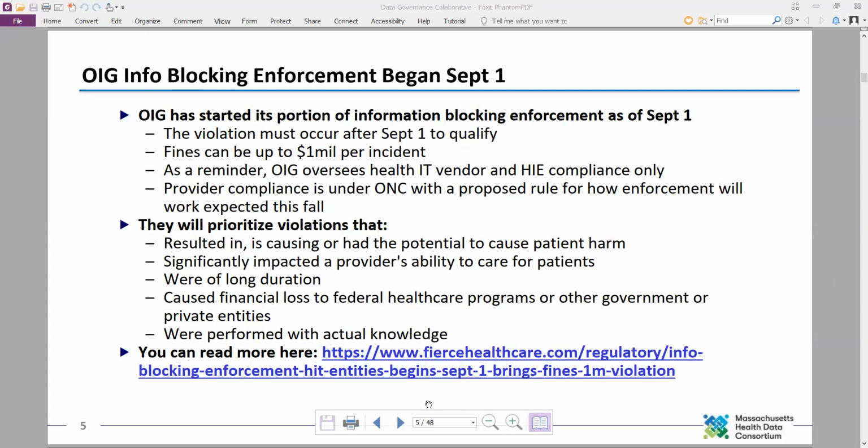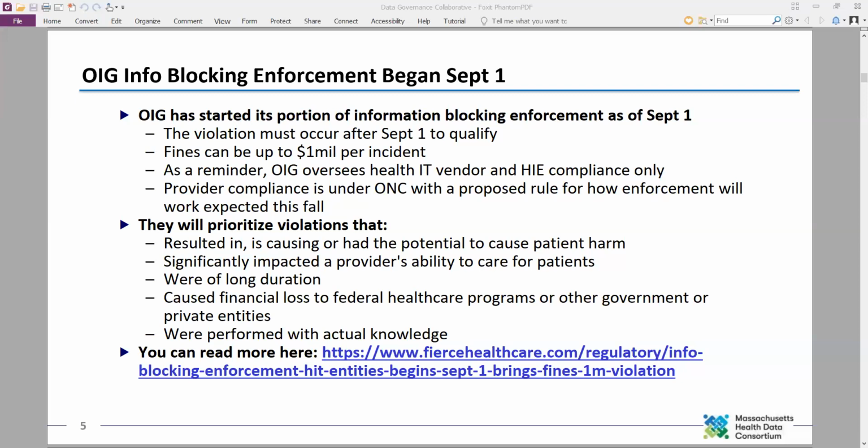So the official information blocking enforcement for health IT vendors and HIEs started on September 1st. So that means they opened the ability to complain on September 1st, and the violation itself must occur after September 1st. There can be fines of up to $1 million per incident.